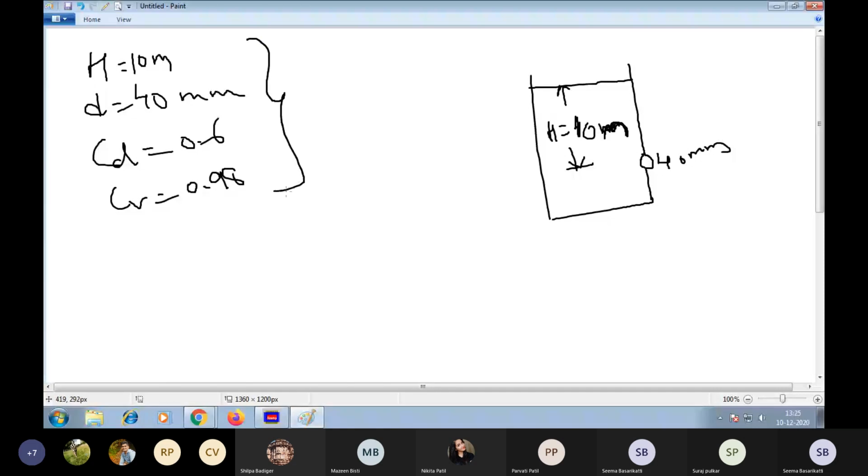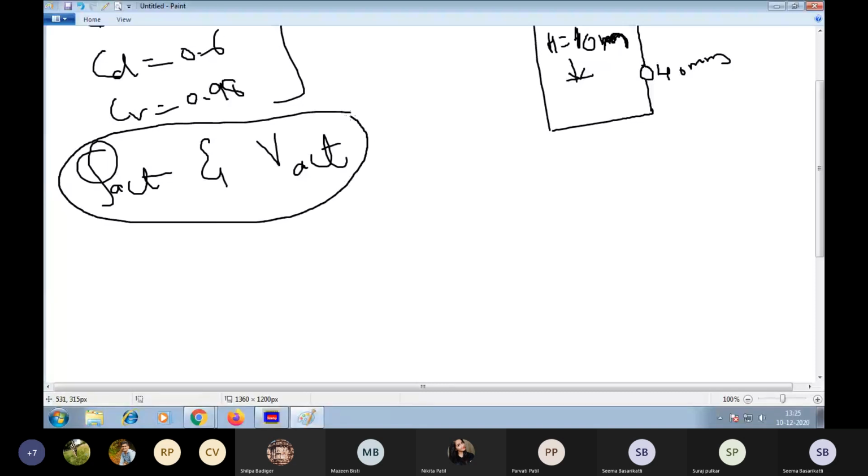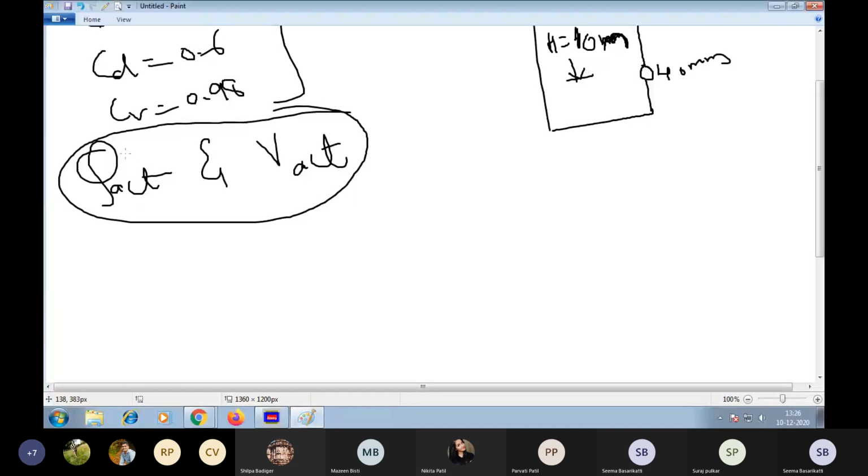What do you need to identify here? You need to identify the actual discharge and actual velocity.